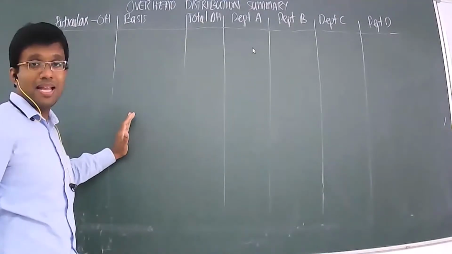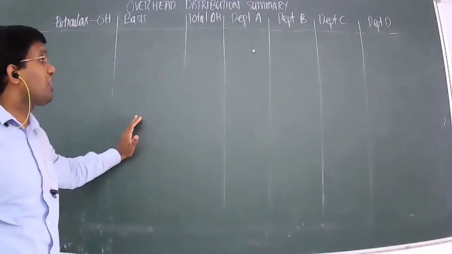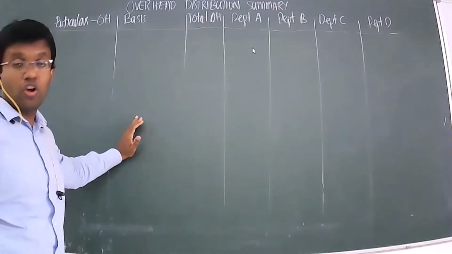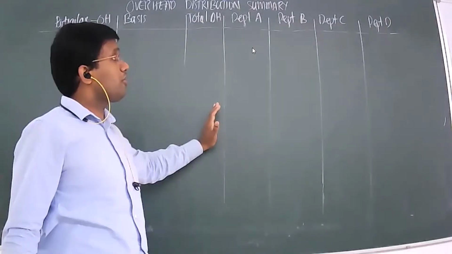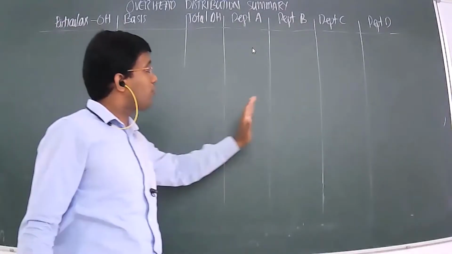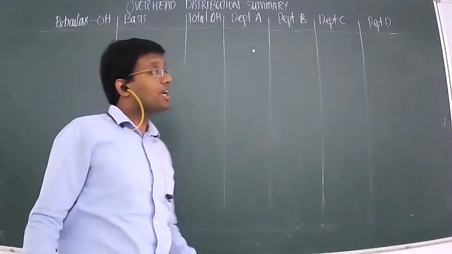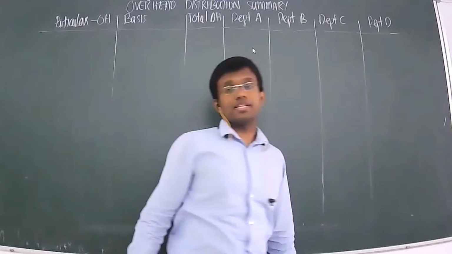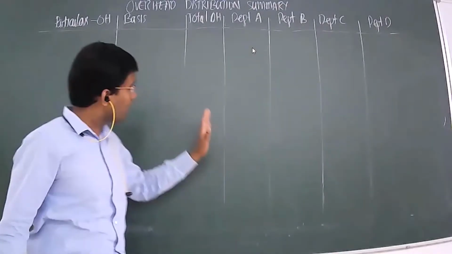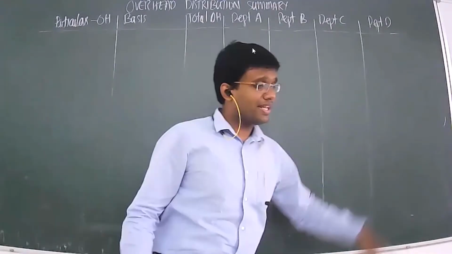The second column is basis: based on what logic are you dividing the cost recorded here? Total overhead is the total amount. Then we have 4 columns corresponding to each department, showing in what proportion the total cost will get divided among the different departments.